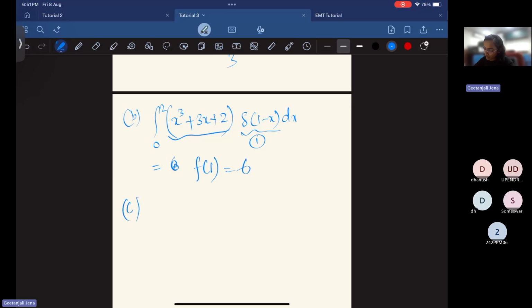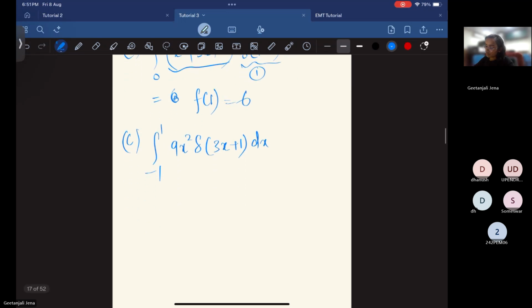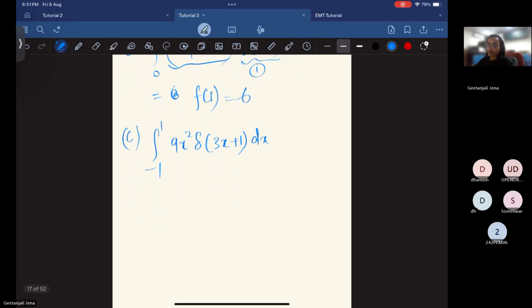Okay, so for part C: integral from minus 1 to 1 of 9x squared delta of 3x plus 1 dx. Try to recalculate.